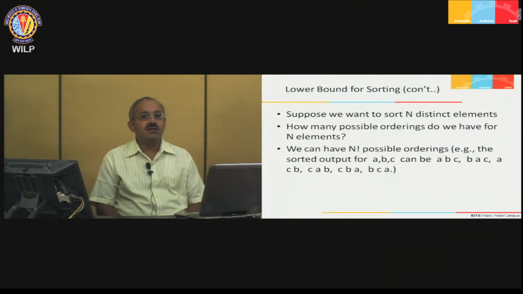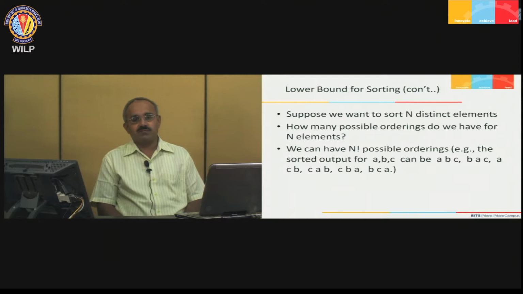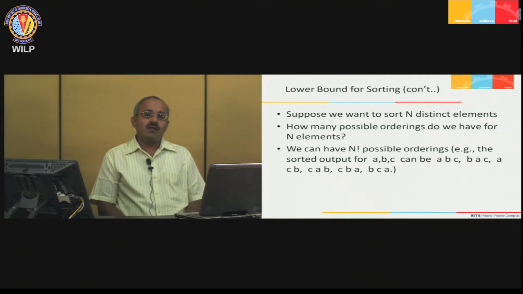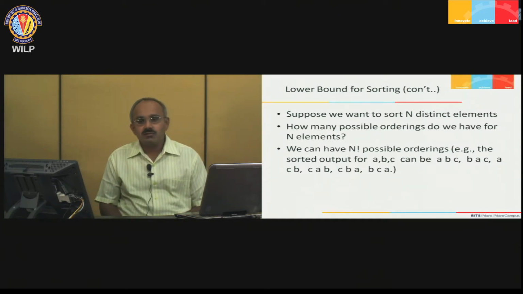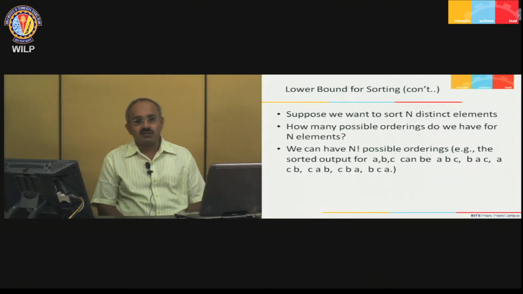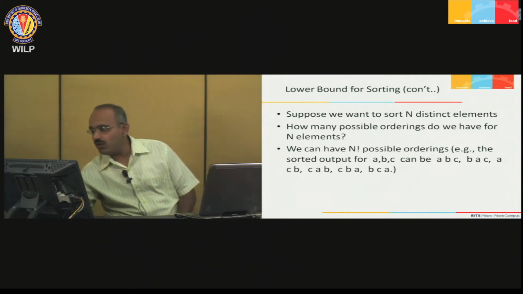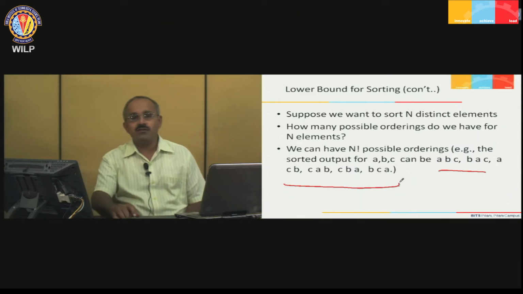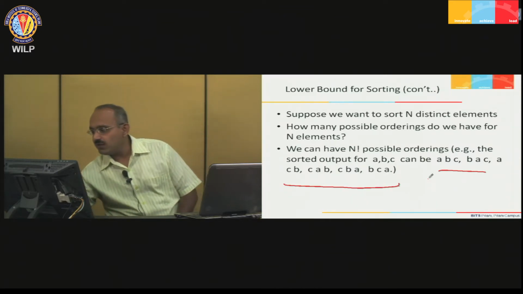That needs to be answered if you want to look at the best case. We know that if 3 elements are there, there could be any one of the following 6 possibilities. If I have 3 numbers, I can have them in an order ABC or BAC or the following orders. So, if I have 3 elements, you have precisely 6 possible orderings.